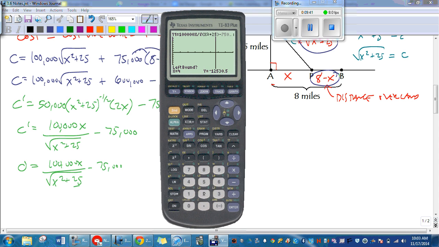We want to calculate the 0. Left bound, this was going up here. So I know 5 is going to be to the left of that, and 6 is going to be to the right. Enter one more time. We get 5.669 approximately.